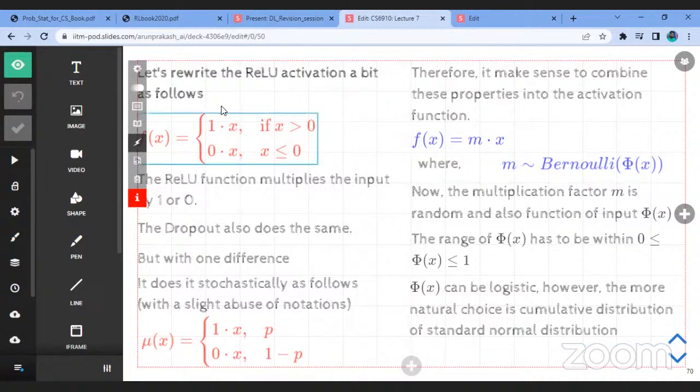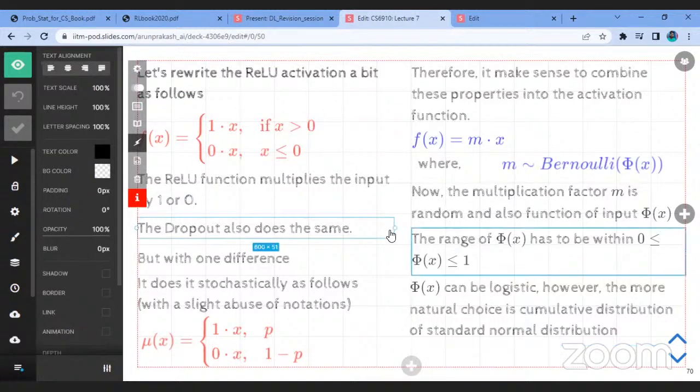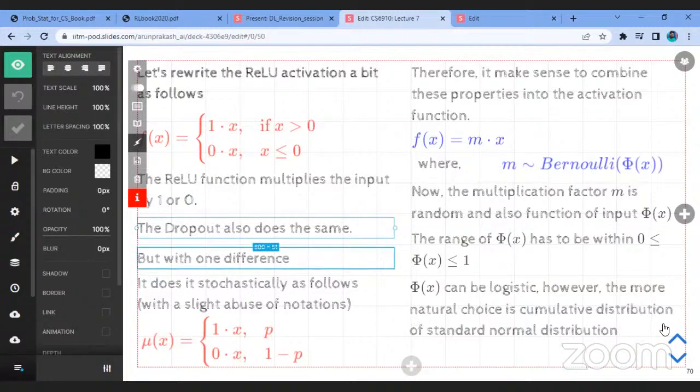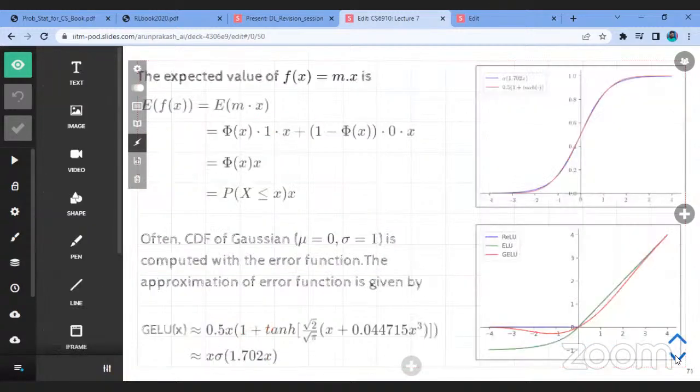Here we are just motivating how dropout is incorporated into GELU by default. So the final equation is this one, or, of course, for computation we can use x into sigmoid of 1.702x.